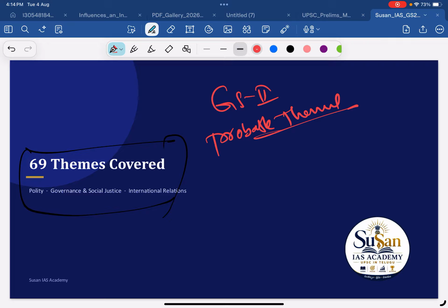Make 2-3 page ready notes for each topic. Cover all constitutional articles, acts and institutions, and link with current affairs, along with challenges, Supreme Court judgments, committees, reports, data, and examples. If you cover these 69 themes, your mains preparation will be good.